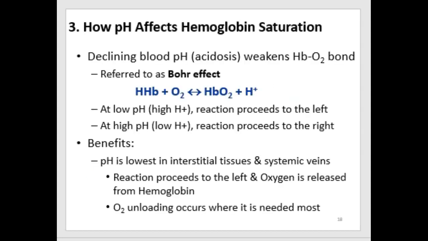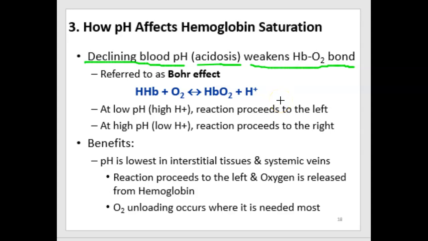So first let's do pH. So when pH drops, that's an acidic condition, and it does weaken the bond between hemoglobin and oxygen. This is referred to as the Bohr effect.